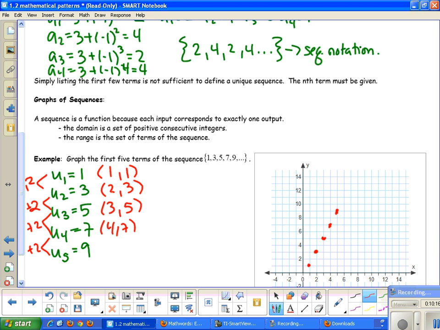So we're going to talk about the recursive formula. A recursive formula consists of two parts. In order to have it, you need to know your first term, which in this case is 1, and you need to know the previous term to get to the next term. So u sub 2 is equal to my first term plus my common difference of 2.